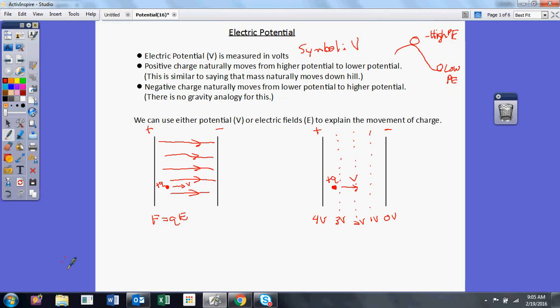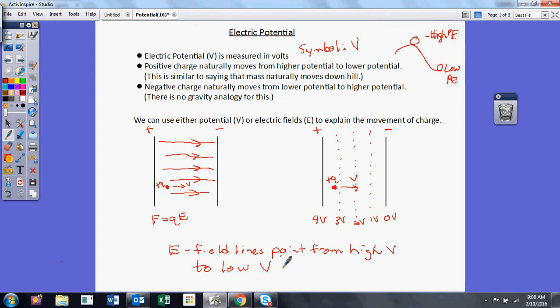Okay. You can also see here that the electric field lines point from high potential to low potential.